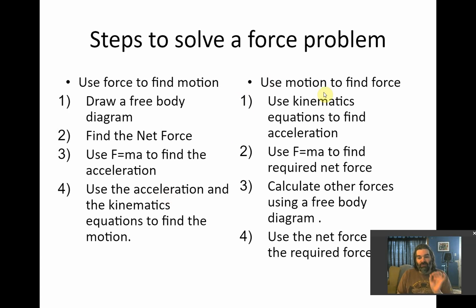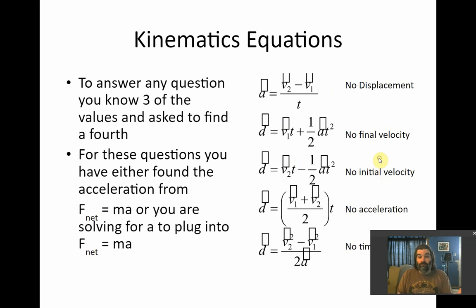Or if I give you a specific motion, use the kinematics equations. You're going to solve for acceleration. Use F equals ma to find the net force. Then use a free body diagram and the net force calculations to figure out the missing force. So it's the same question, just forward or backward.